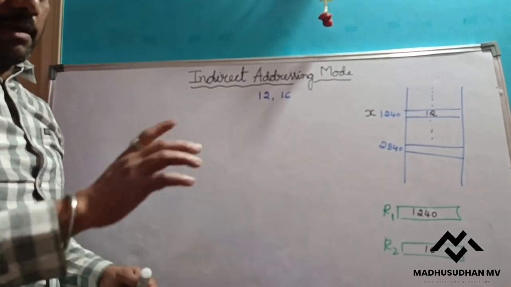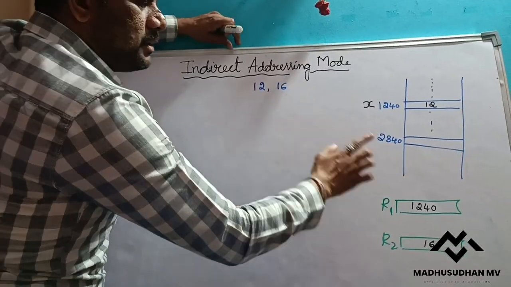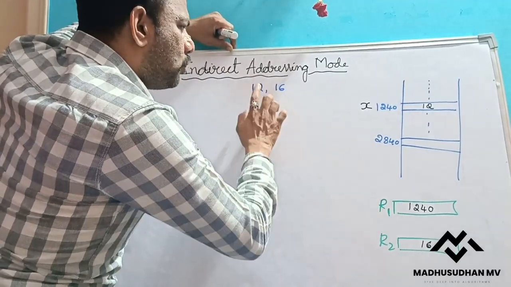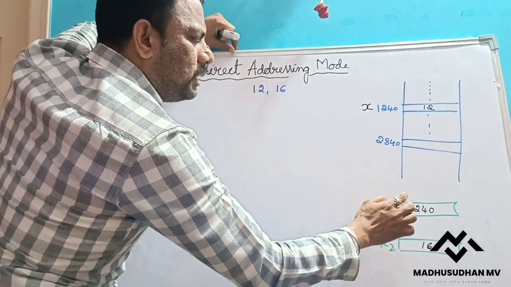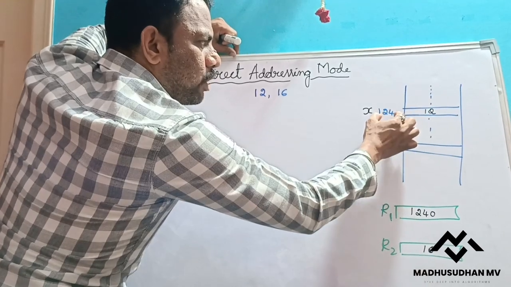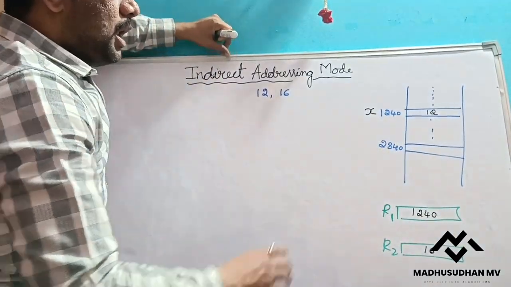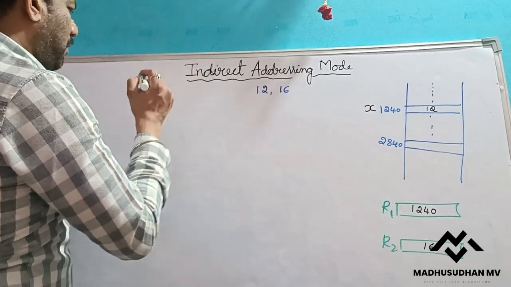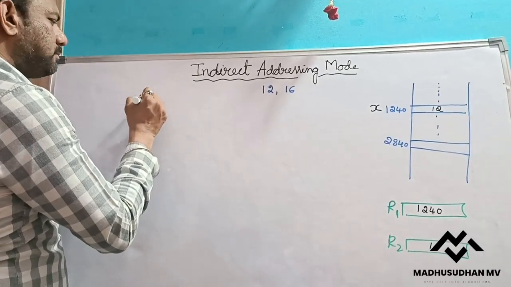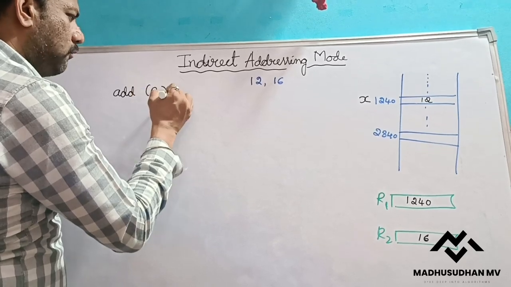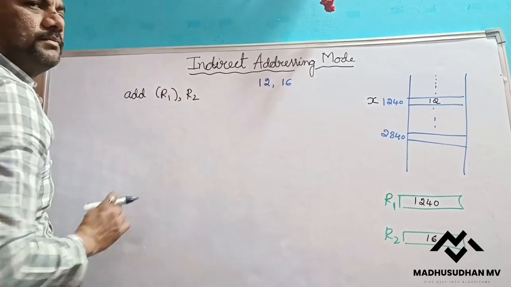Now again I am repeating. One of the operands I stored directly in R2, not a problem. For the other one, instead of storing 12 in a register, I stored 12 in memory location 1240, and that address I am storing in the register. Now I will say add the content of R1 with the content of R2.